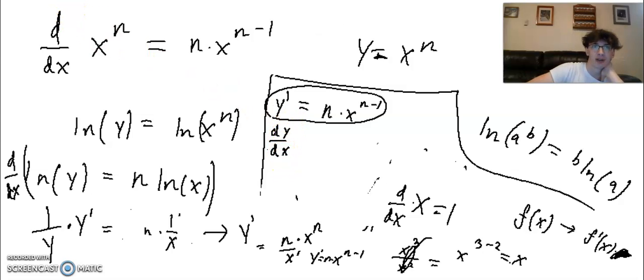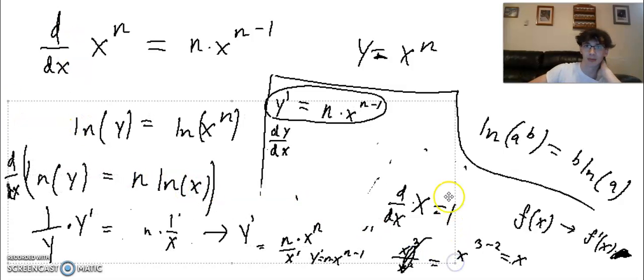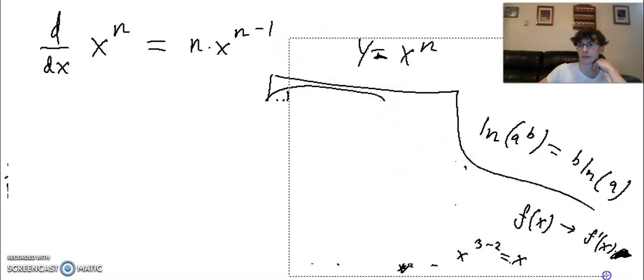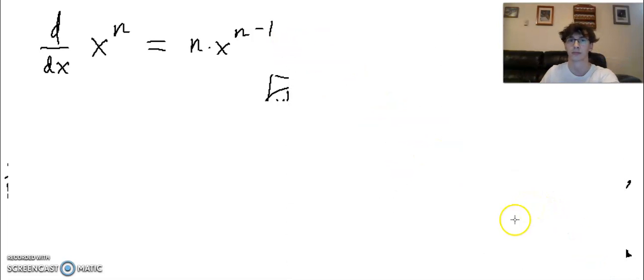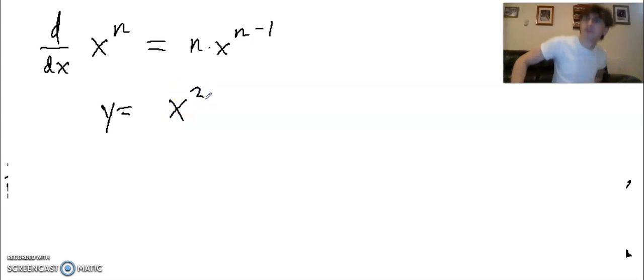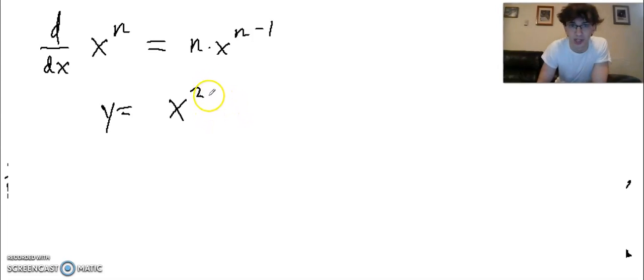And we still have some time left, so let's just do some examples. In this case, let's say y equals x squared. We did this in video 1. And does the power rule apply?